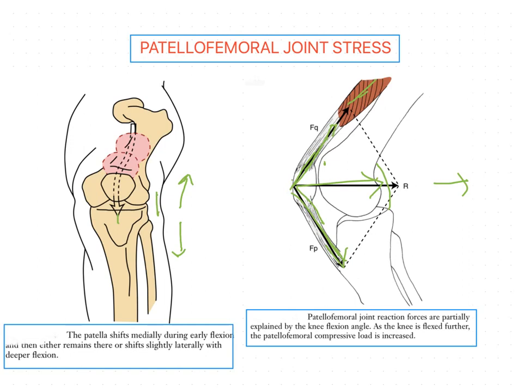That means the patella is going to compress or contact the femur, which varies with the amount of knee flexion. So only at some degrees of knee flexion is the patella going to contact the femur, isn't it? During complete flexion, what will happen? The patella is going to sit into the intercondylar notch.